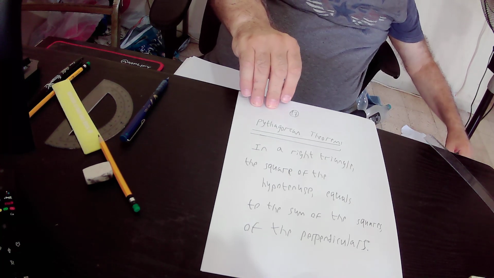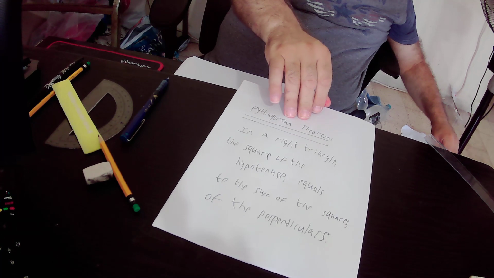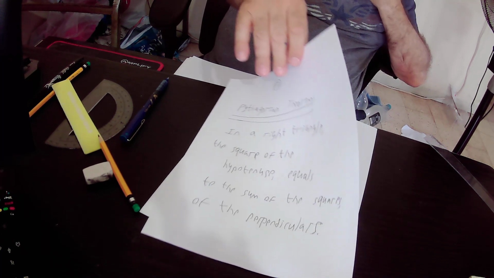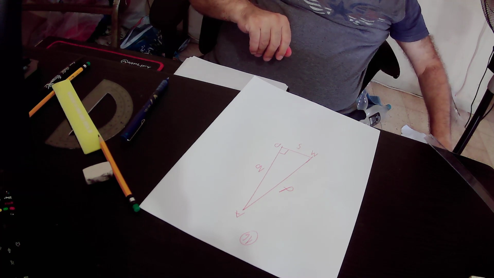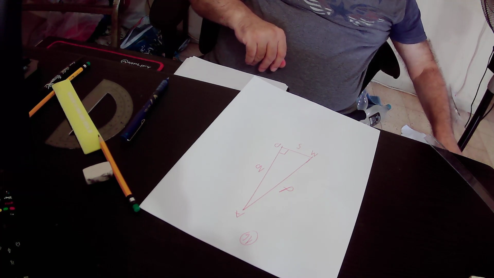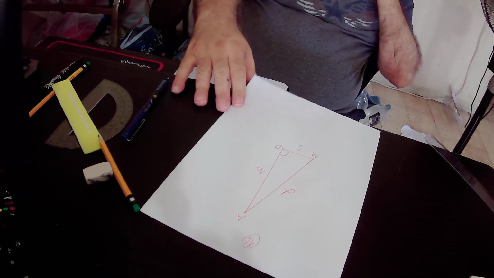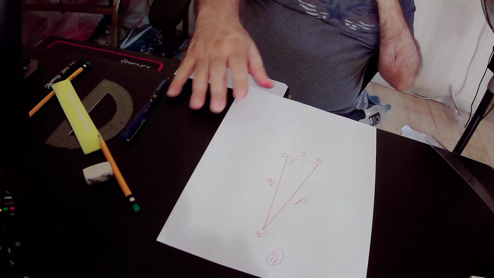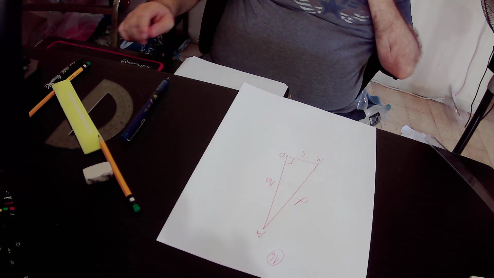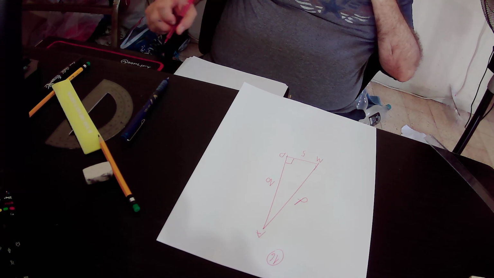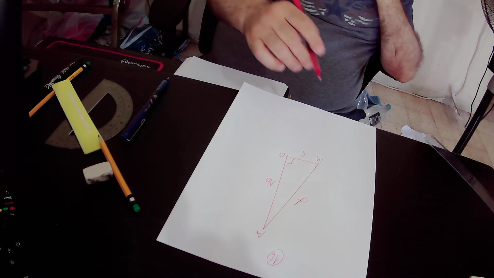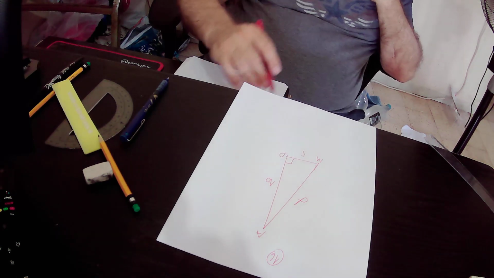So we will implement the Pythagorean theorem in our right triangle. The square of the hypotenuse is AM square.